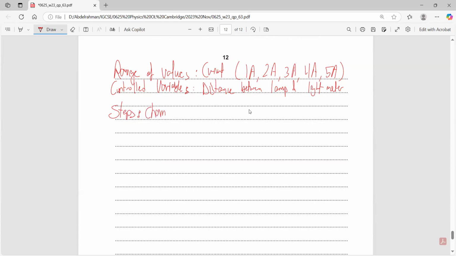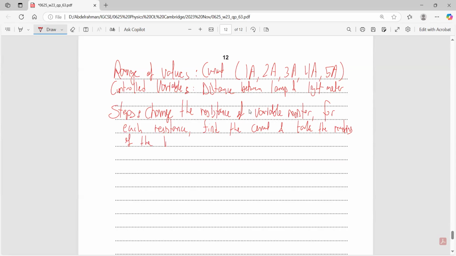Change the resistance of the variable resistor, for each resistance, measure the current, and take the reading of the light intensity from the light meter, right?